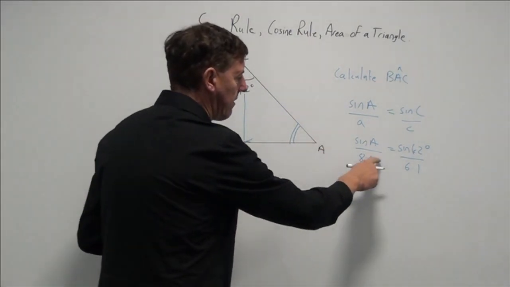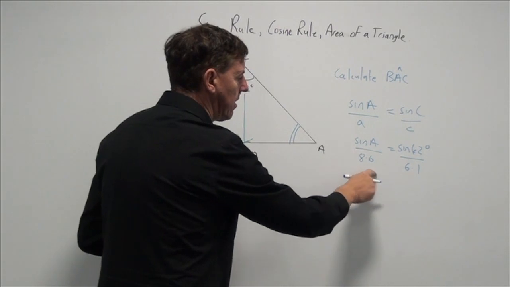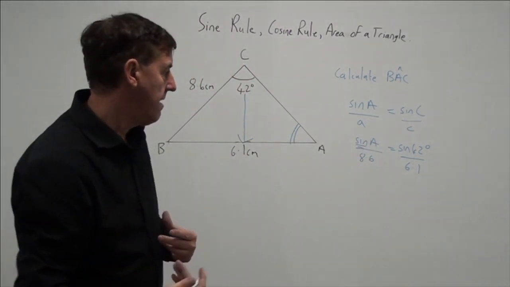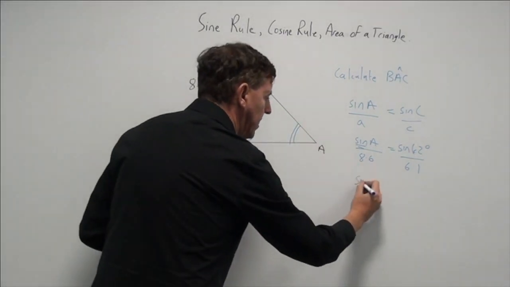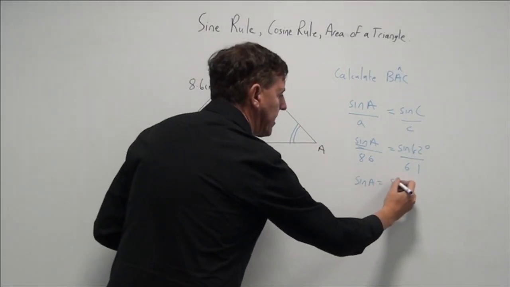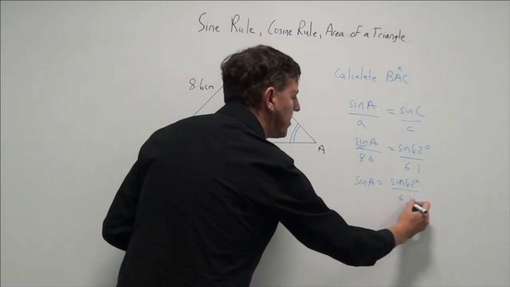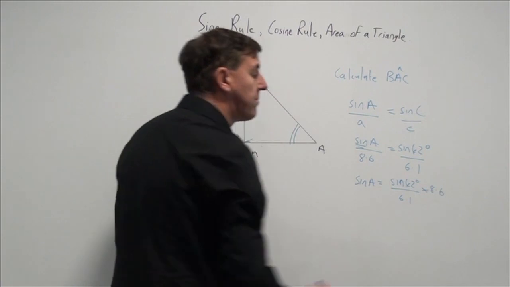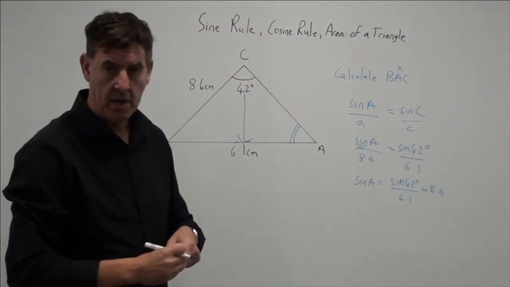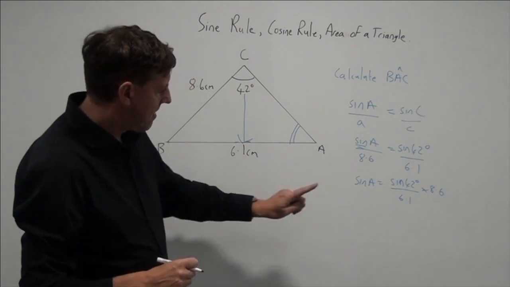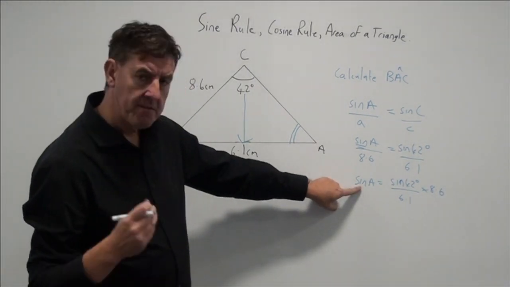So, what have I got to do? I've got to get rid of this 8.6, but I've also got to get rid of this sine. So there are two things to get rid of this time. Let's start with the 8.6. The way we get rid of that 8.6 is we literally bring it to the top. In other words, we're multiplying by 8.6 because we were dividing, so it becomes multiplying. And finally, just remember the technique of being able to get rid of a sine.